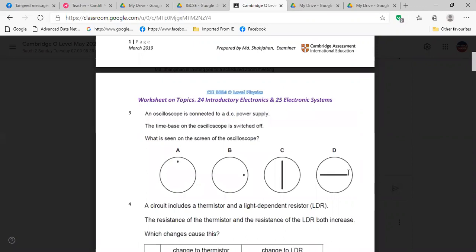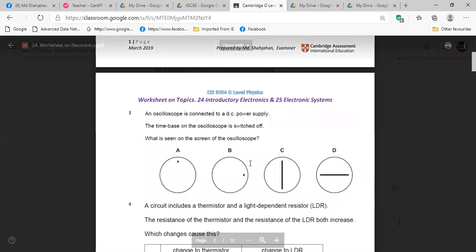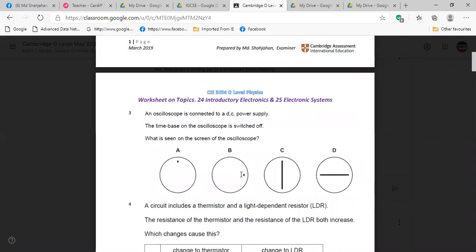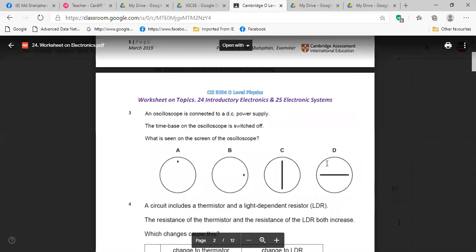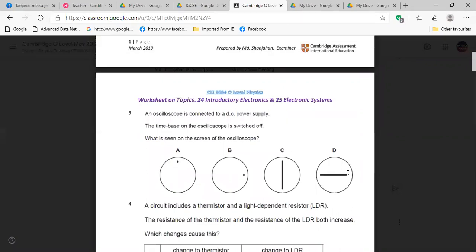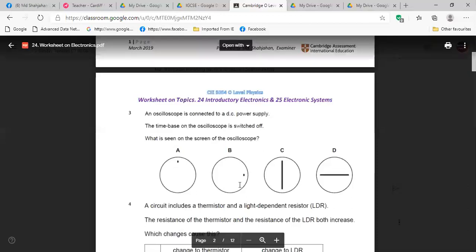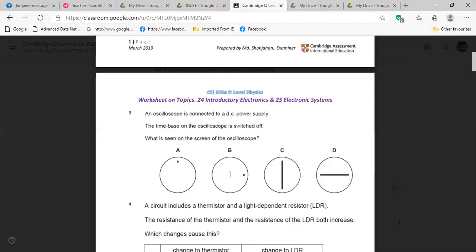Yes, sir. And here B, voltage is 0, time base is on, it is for DC. D is for AC: voltage is 0, time base on. B is voltage 0, time base on for DC.